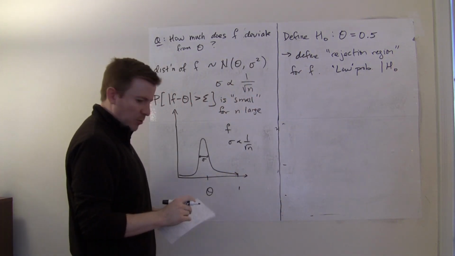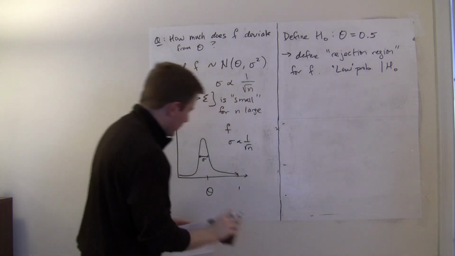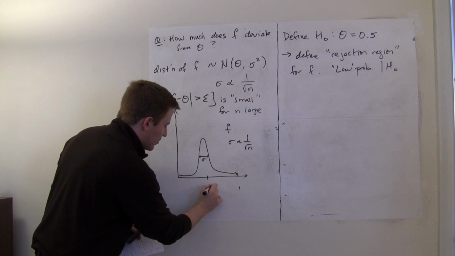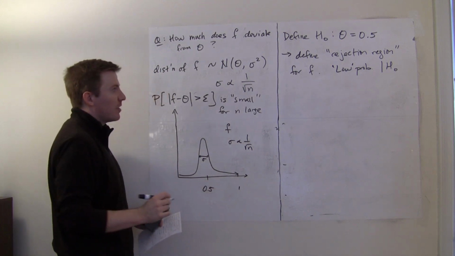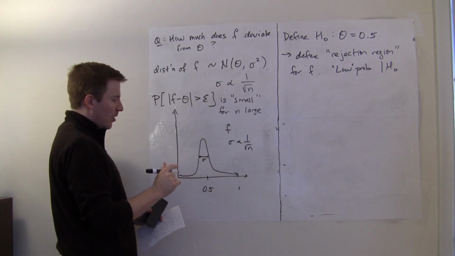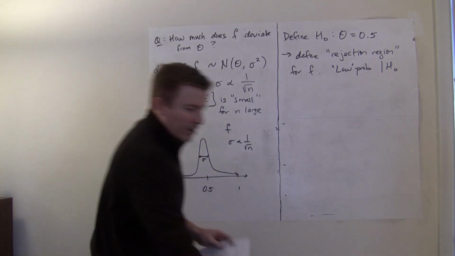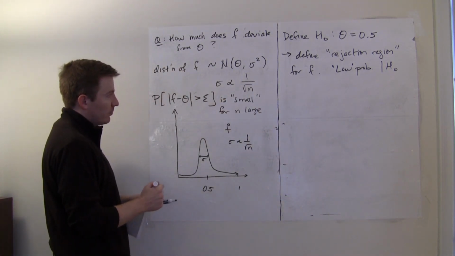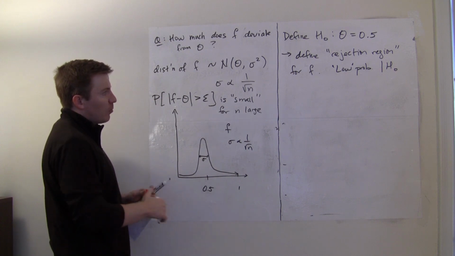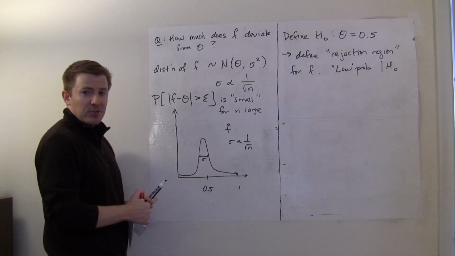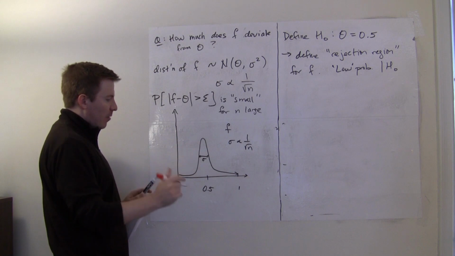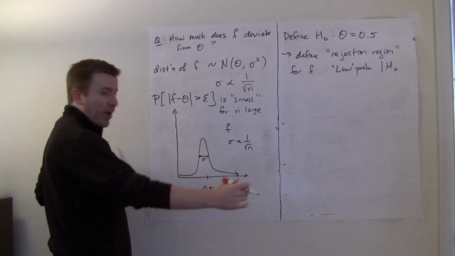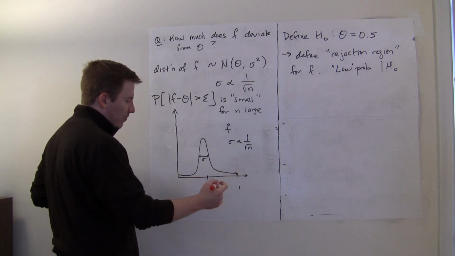The way that usually works is that we assume theta is 0.5, so we're assuming that this hypothesis is true. We'll define a region of the distribution where we're going to reject that hypothesis if we observe a value f in that region, and we'll do it in such a way that it's low probability and extreme, away from the value theta.